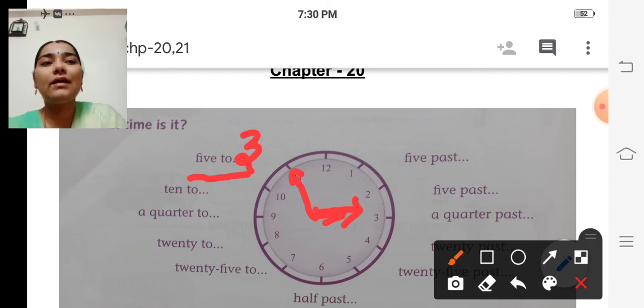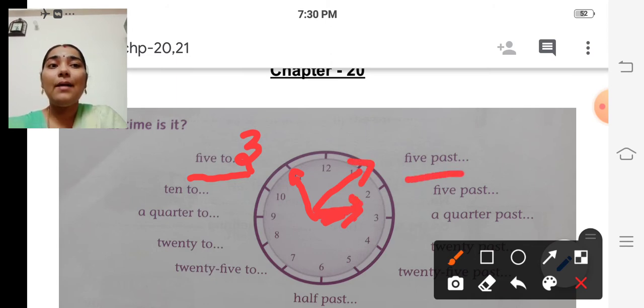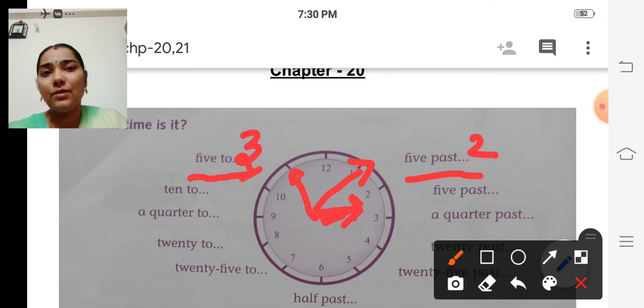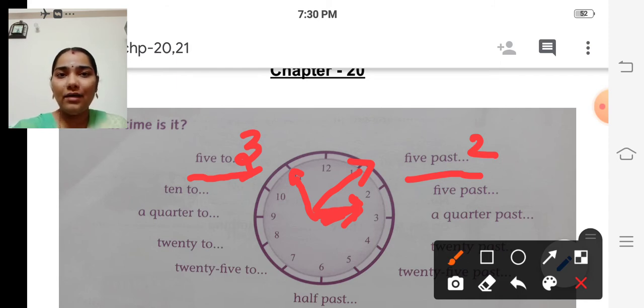Suppose the minute hand is at 1 and the hour hand is at 2, then we will say 5 past 2, the same hour. If it passes 11, then we'll put the next hour. 5 to 3. Is it clear, children?